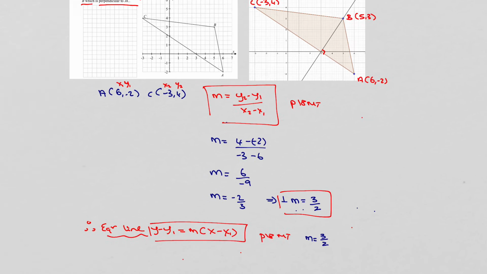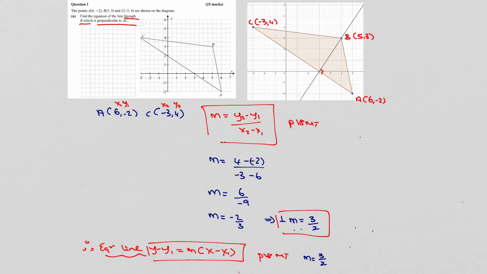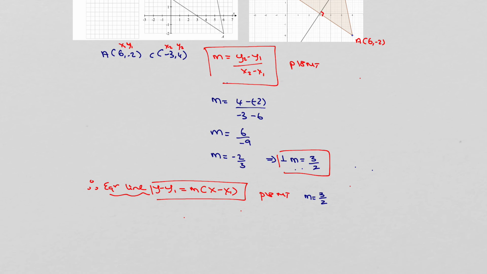And the point that is on this line, if we go back up here, this is why our diagram is so important, that we mark in clearly that it's the point B that we are subbing in here. So it's 5, 3 is going to be our x1 and our y1. So putting into the equation, we have y minus y1 equals m times x minus x1.